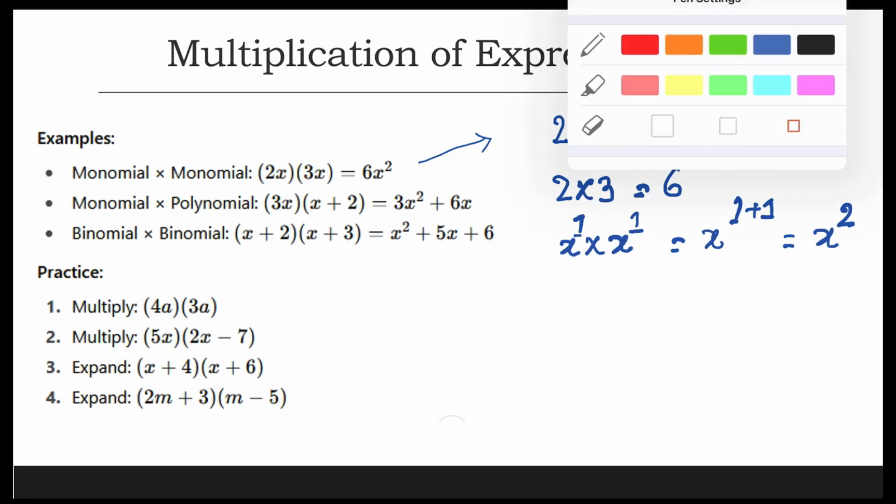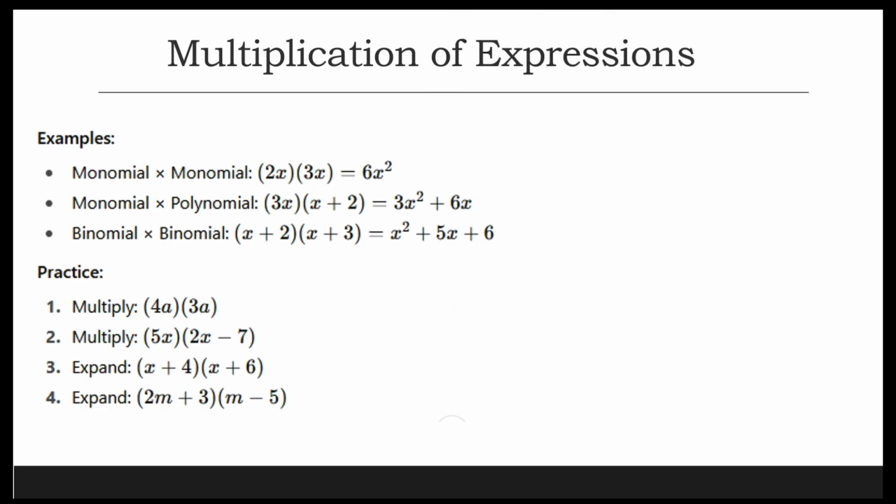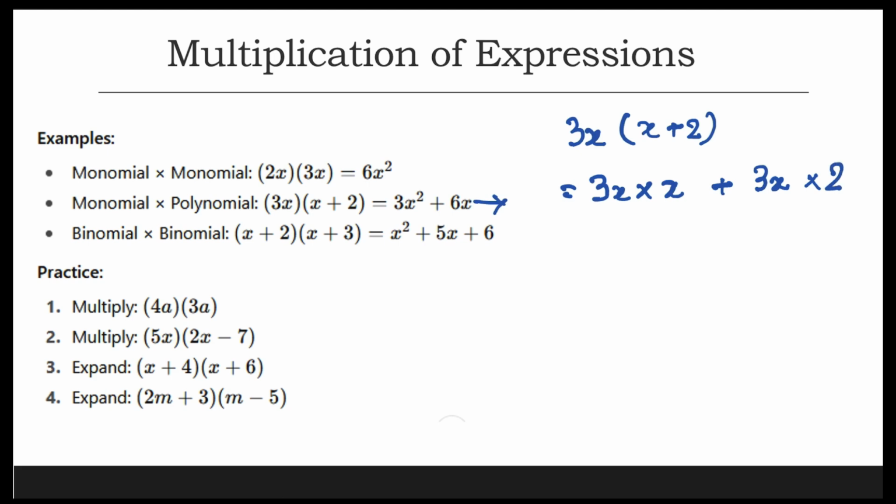Now let's come to the next one. So here 3x into x plus 2. What we have to do? 3x into x plus 3x into 2, right? We remove the bracket. Now in this first case, the coefficient is 3. Here the coefficient is 1.